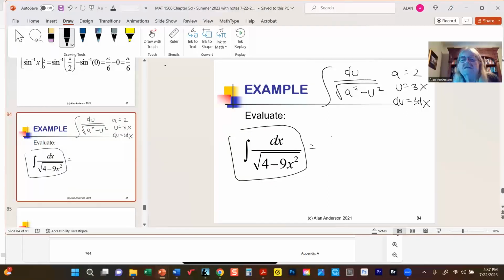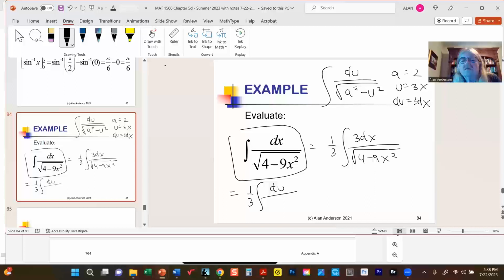So let's write it like this. So then it becomes 1/3 du over radical a squared minus u squared. Now we're all set.